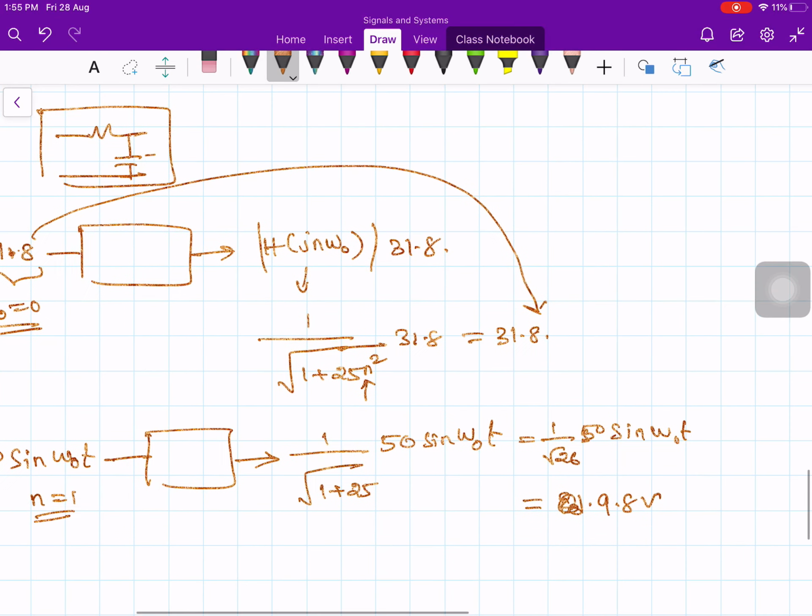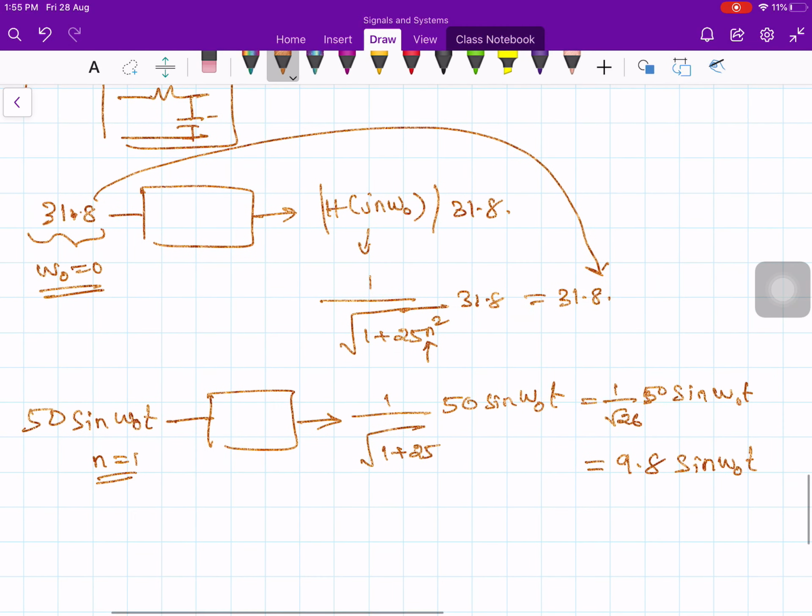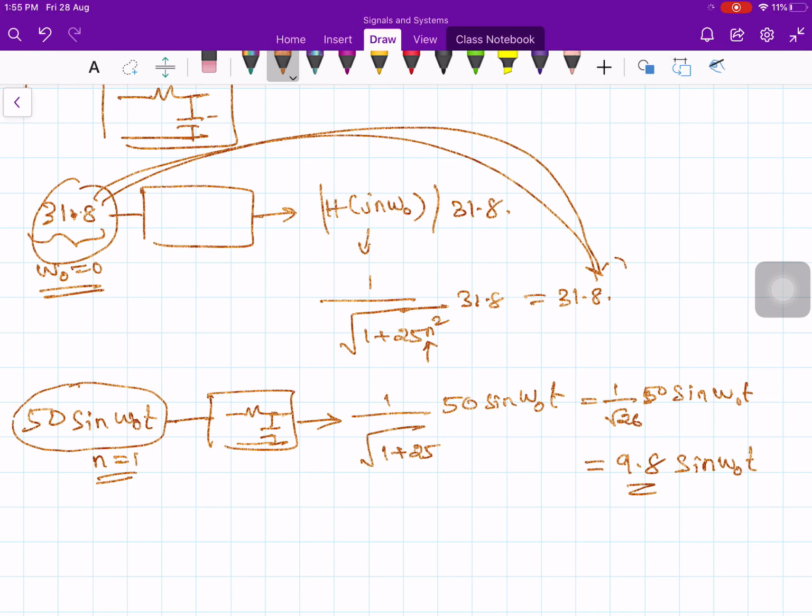Okay, 9.8 times sine omega t. See, the input is 50 volts times sine omega t to the RC circuit, but the output is only 9.8 volts. Previously we gave 31.8 volts, and the same 31.8 volts is appearing here.